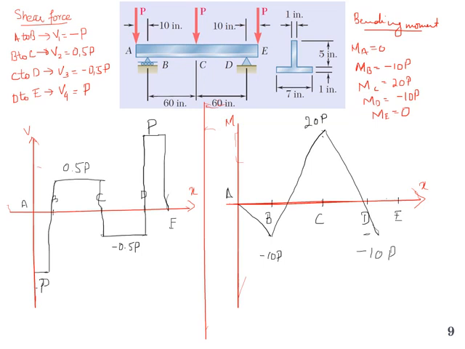And it will be obviously 0 at E. Now, we have maximum bending moment of 20p, and we have also minus 10p, but we don't know what will be the maximum stresses because of the cross section.